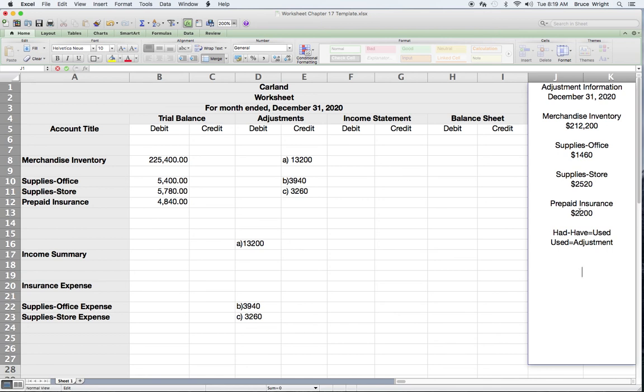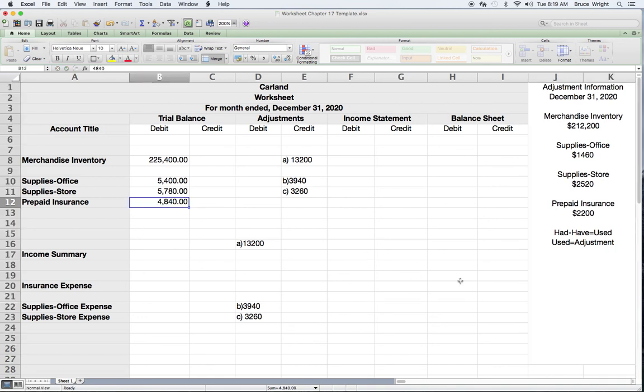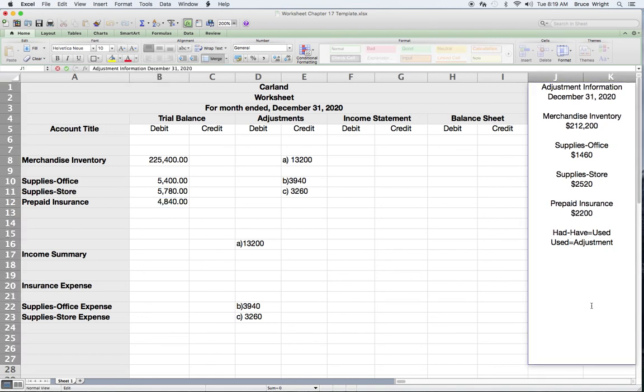Our final one is prepaid insurance. We had 4,840. We have 2,200. So we used 2,640, 2,640.